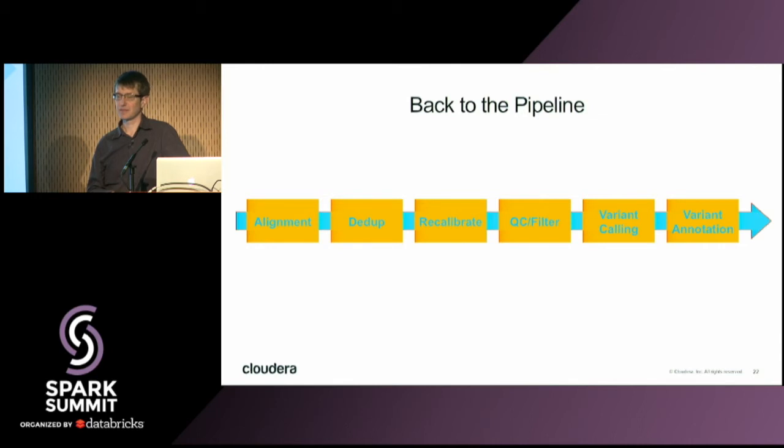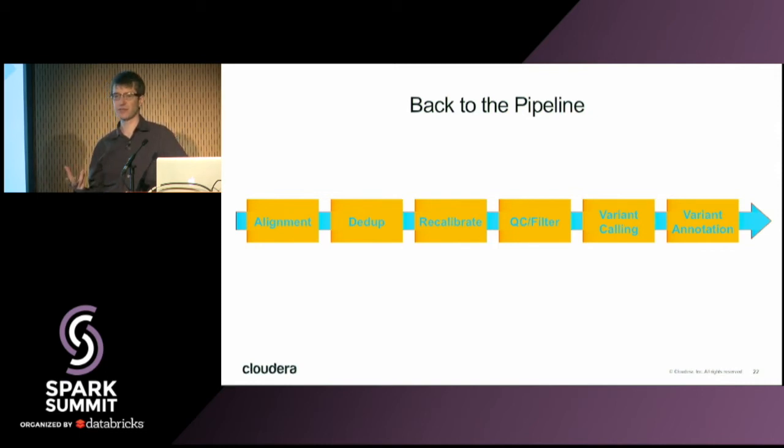Hi. I wanted to ask how this work relates to the ADAM project. That's a great question. I didn't mention ADAM. I should have listed some of the other projects in this space. ADAM is one of them. ADAM is the equivalent of the GATK part, so this pipeline. And it's an independent project. It has a few differences.